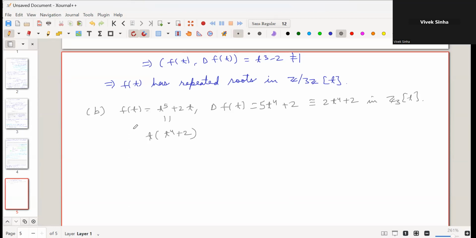So how will this help us? This is nothing but t4 plus 2, and then you have t4.